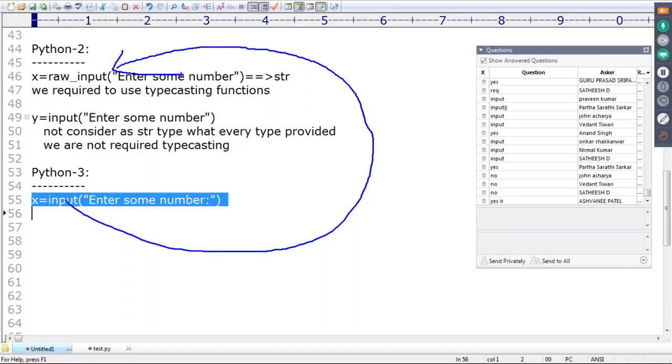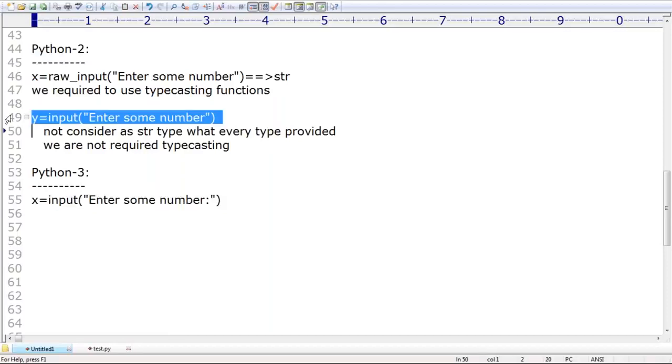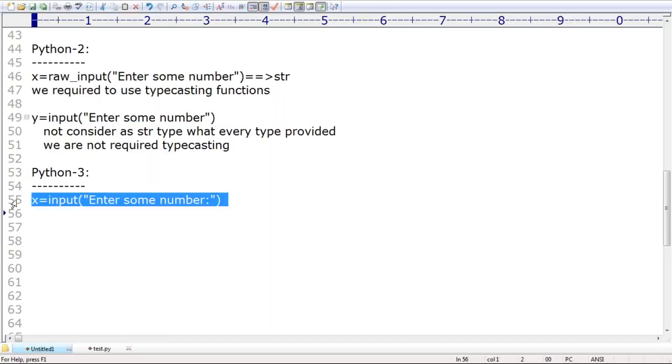The same confusion an interviewer may create in an interview room, and then you have to answer with a clear explanation. Are you able to understand my intention? In Python 3, the input function is not equal to the input function present in Python 2. This one is equal to which function?